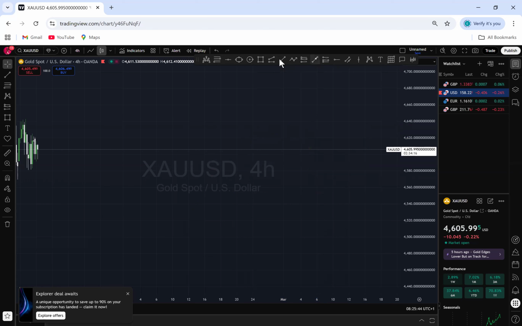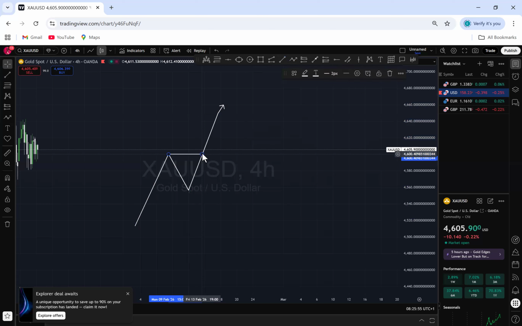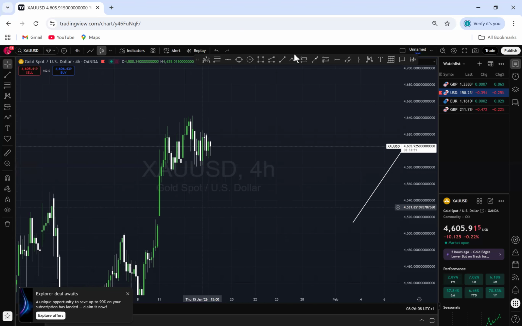So what I would advise is this. Once you come to your higher time frame, let's say daily or 4 hours, you want to mark out your last structure or your last range, whether it is a buy range or a sell range. What it means is you want to look out for either a change of character or a break of structure. So let's deal with break of structure as per what we have on gold. I think this is where the last break of structure happened.